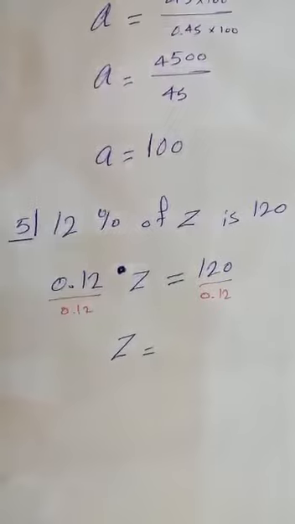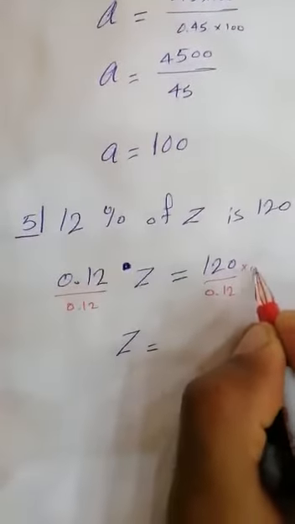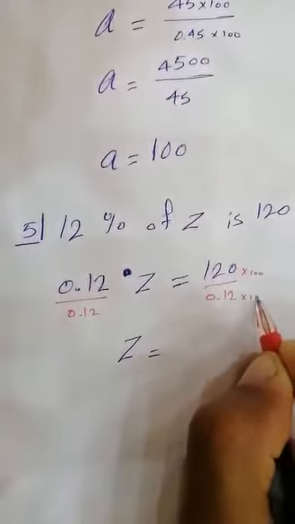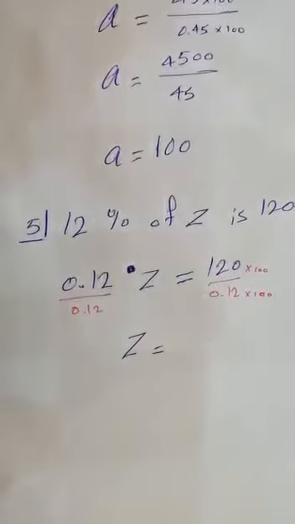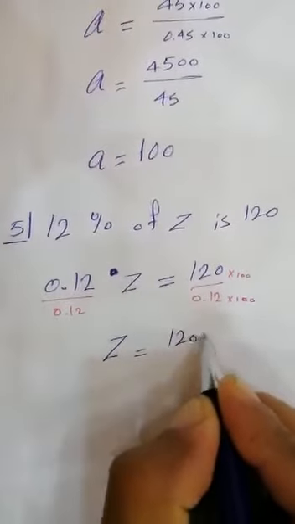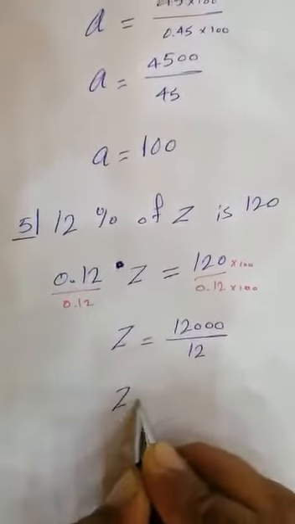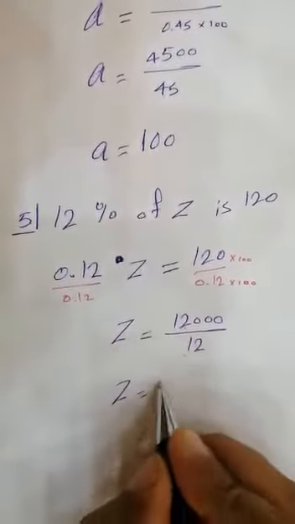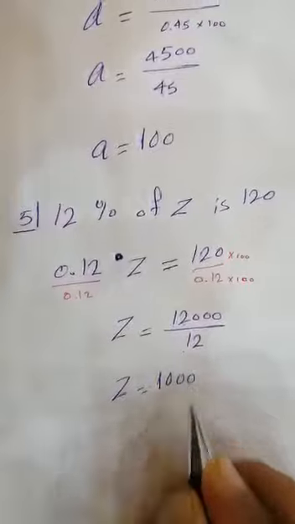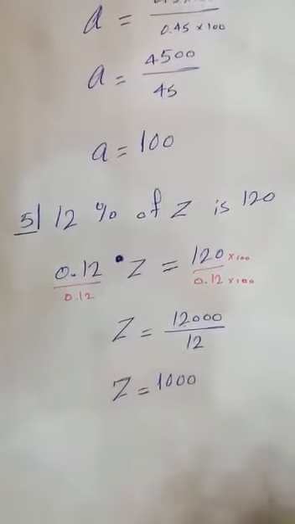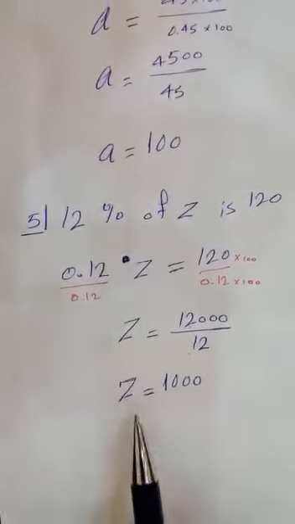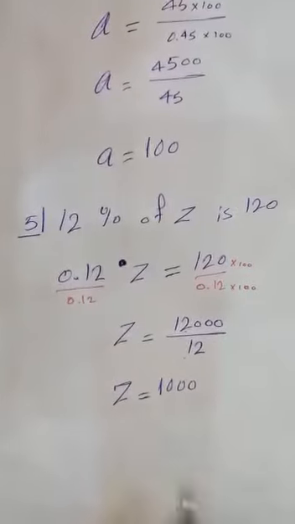Now to cancel the decimal we multiply both sides by 100 times 100, then it equals 12,000 out of 12. z equals 12 divided by 12 is 1. We have 3 zeros, we add them here, then the answer is 1,000. Here the whole number is 1,000.